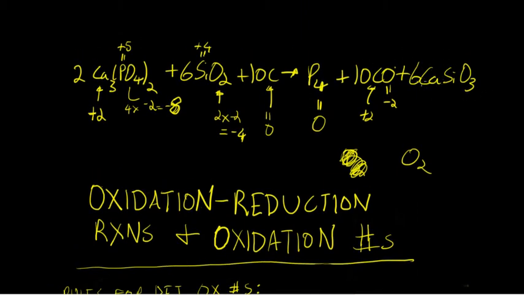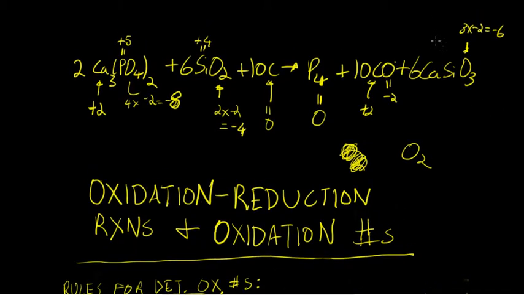Now in this molecule, we know oxygen has an oxidation number of -2. We have 3 of them. 3 times -2 is -6. Okay, calcium. Calcium always forms a +2 cation. So what must silicon be here?